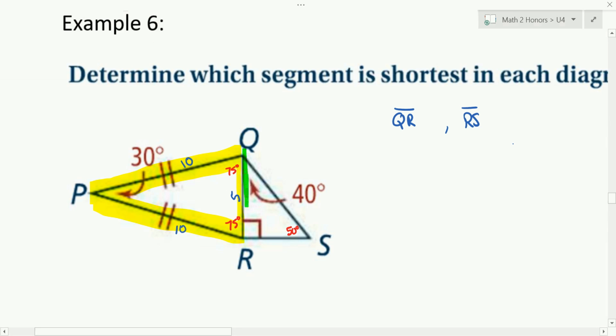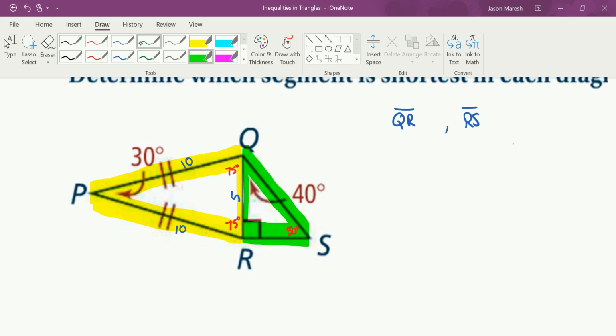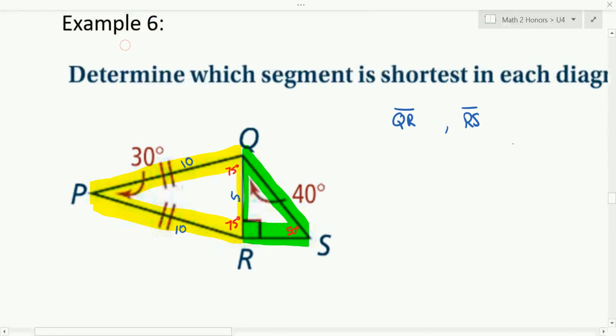Now let's transition to what I'm highlighting in green here. The green triangle already has a side length. It has 5 as a side length. Now if we compare QR to RS, which side has to be bigger in the green triangle? Why? Yeah, so in the green triangle, QR is across from 50, where RS is across from 40.